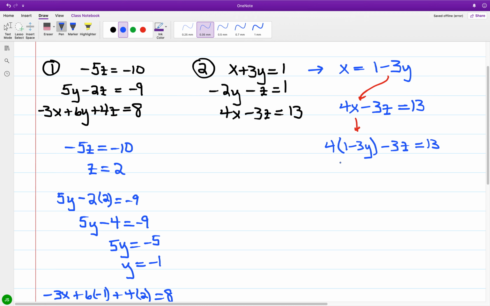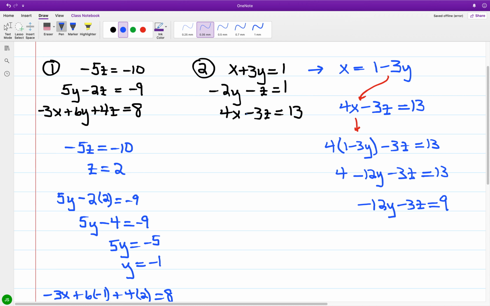With distribution, we have 4 minus 12y minus 3z is equal to 13. Now if I take 4 away from both sides, I have negative 12y minus 3z is equal to 9.